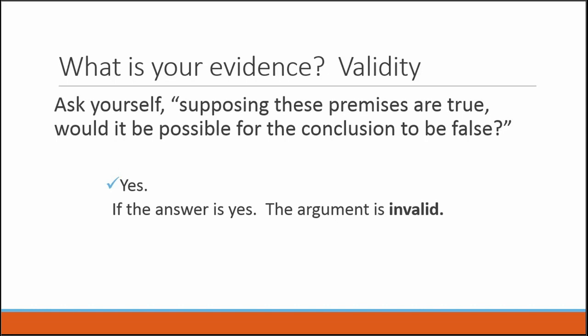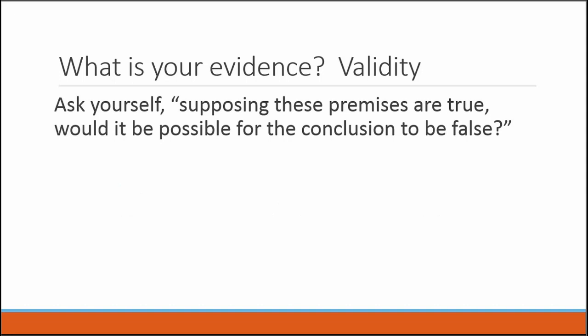So you ask yourself, okay, I'm going to temporarily assume these premises are true. Is it possible that the conclusion could be false? If it is possible that the premises would all be true and the conclusion could be false, the argument is invalid.